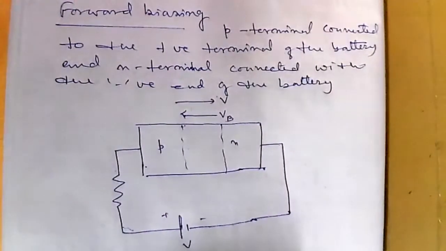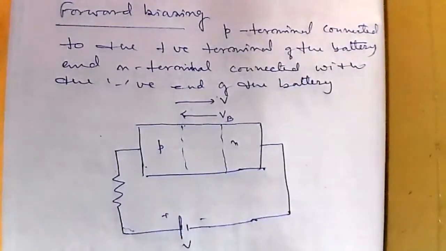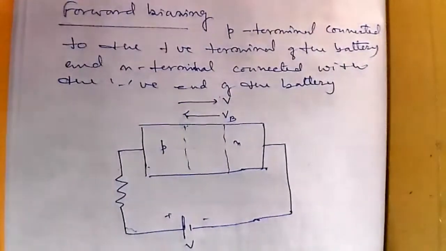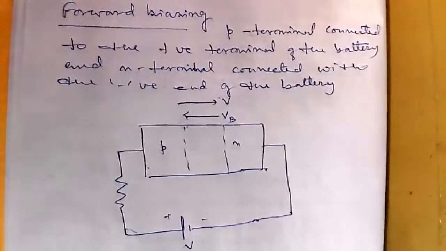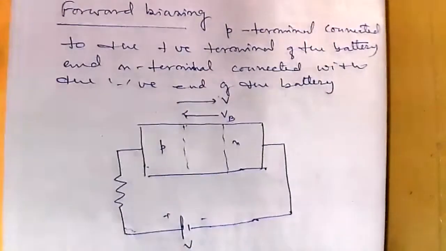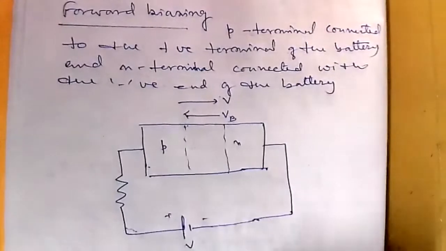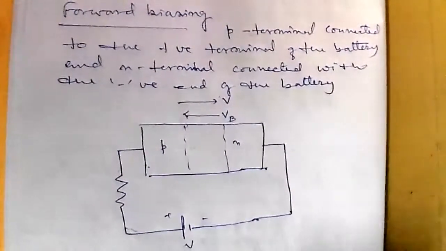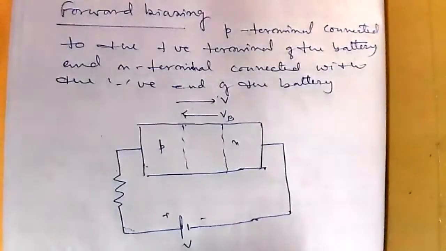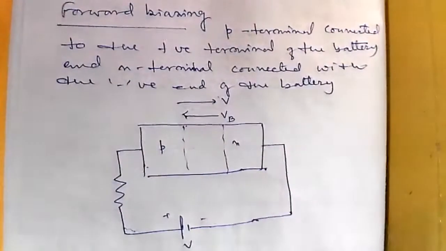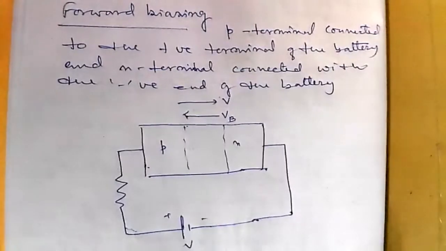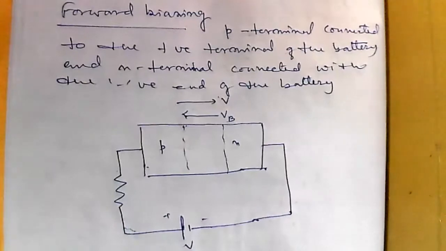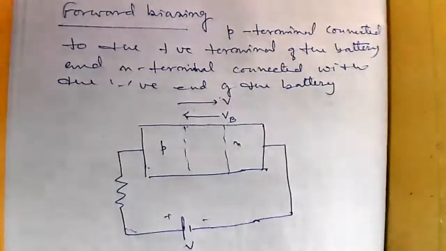So initially say this is the barrier height, VB. Due to connection, the barrier height has reduced.